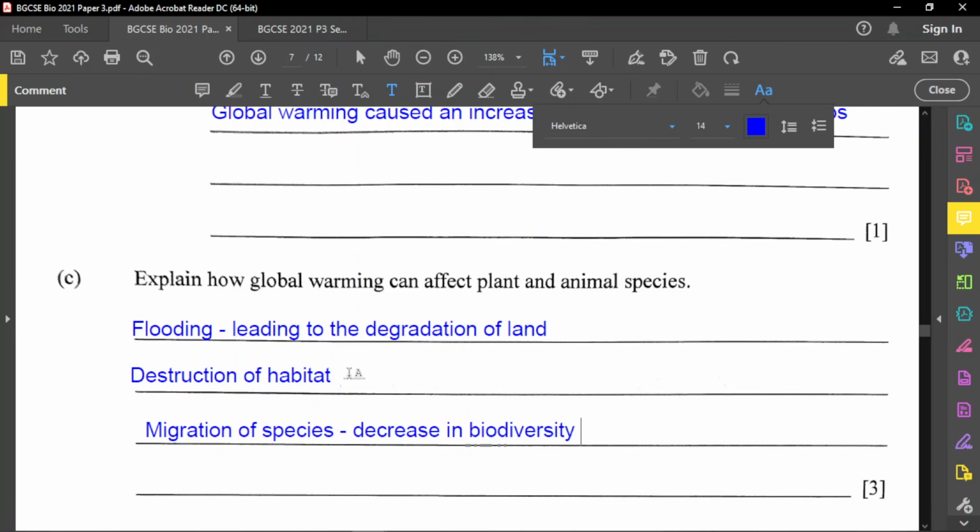So let's look at another point here as well. Another point that we could have is extreme temperatures. How could extreme temperatures affect plant life or animal species? If there's a change in temperature, it could affect seasonal crops.